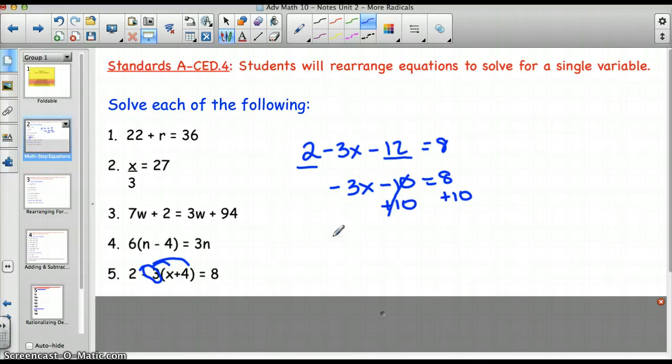That cancels. Negative 3x equals 18. Divide both sides by negative 3 since that's multiplied by the x. And x equals negative 6. That is your answer.